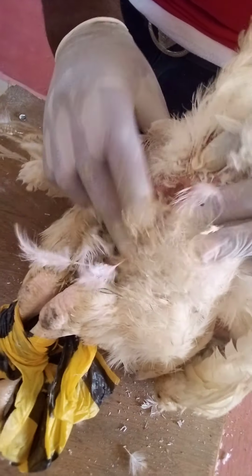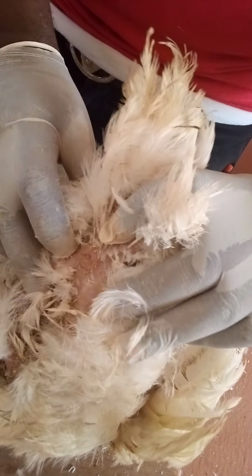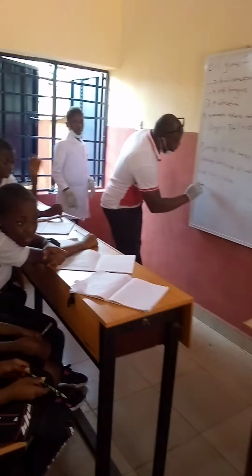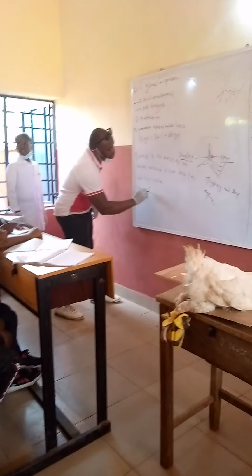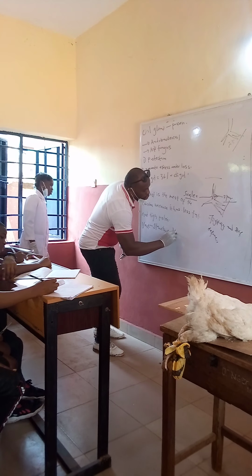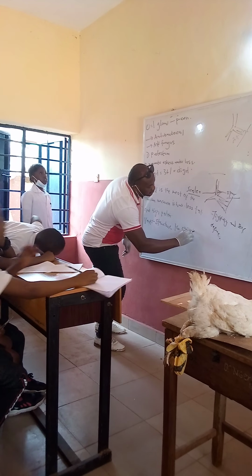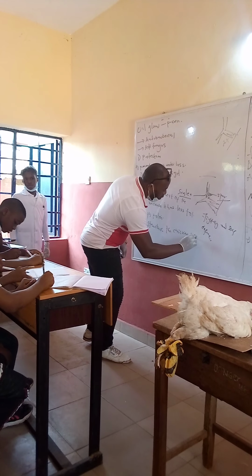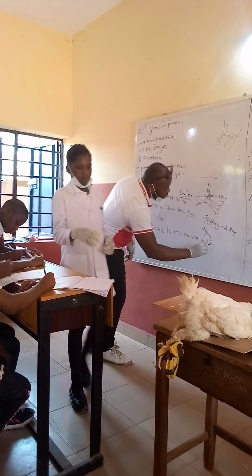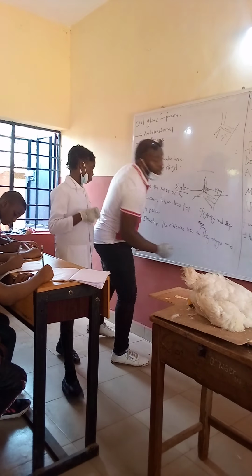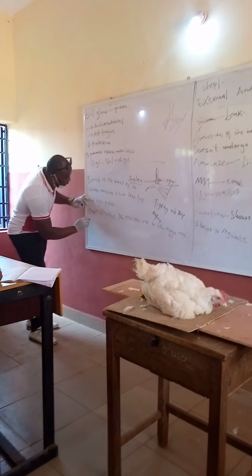Look at it. An opening where the chicken is called a vent. A vent, that is the structure the chicken used to lay eggs and get rid of waste product from the body.